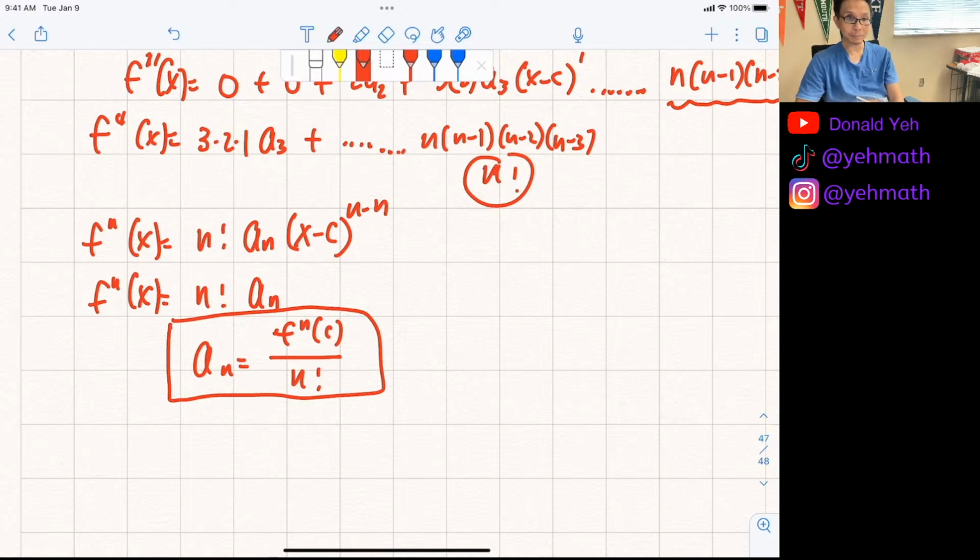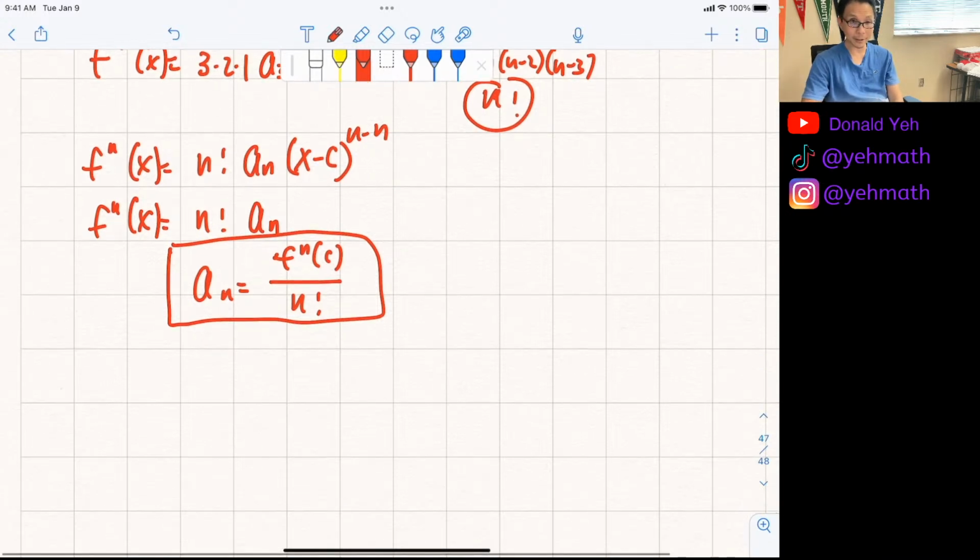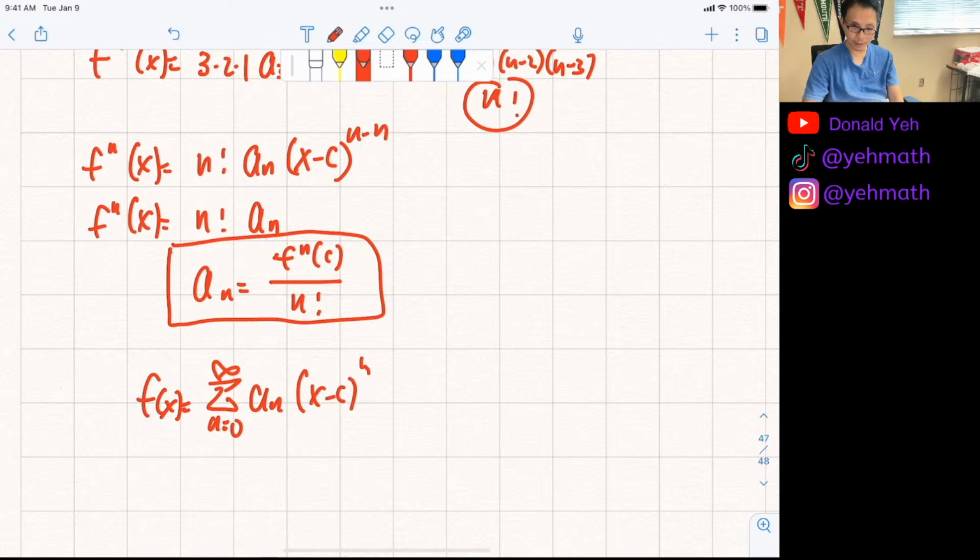Why is that Taylor? Because remember, that's the power series. f of x is equal to the summation from n equals 0 to infinity of a_n times x minus c to the n. This one you should be familiar with. This one is the power series.